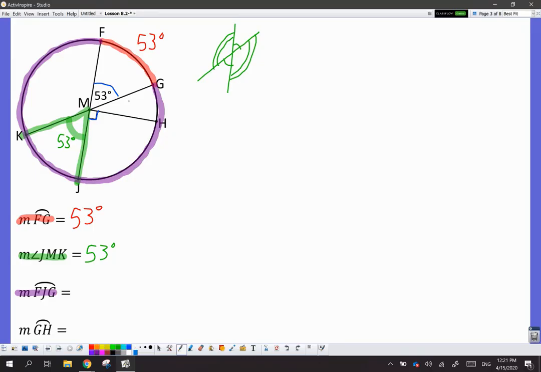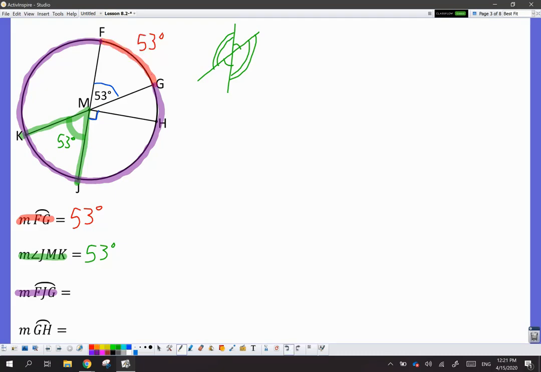My other option is, since arc FJG plus FG form the full circle, that's 360 degrees. So if I subtract arc FG from my total arc measure, 360 degrees, then I'll find the measure of arc FJG.